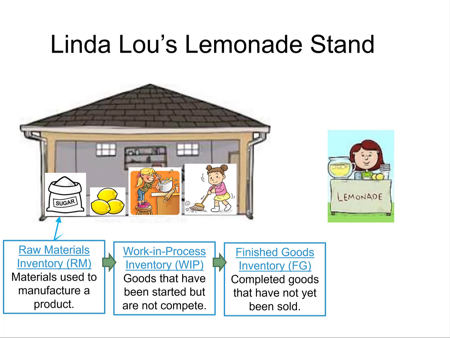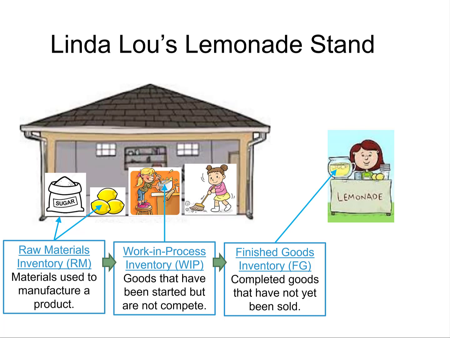Raw materials are the sugar and the lemons. Water is also involved, but since it's free from Mom and Dad, there is no cost to track. What would be work in process inventory? Any materials that are being mixed are considered work in process inventory. And finally, what would be in the finished goods inventory? Any lemonade that has been finished is in the finished goods inventory.